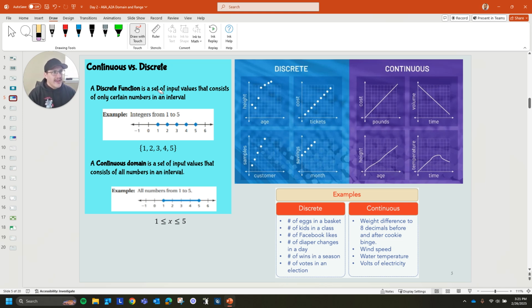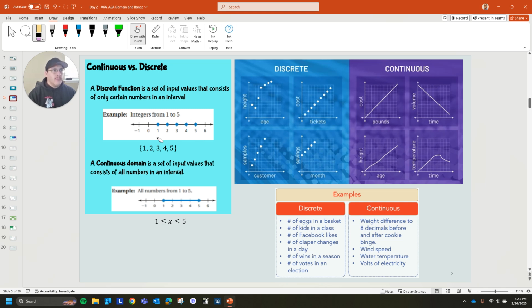A discrete function is a set of input values that consists of only certain numbers in an interval. Okay, so it's not a list of all the numbers, it's a list of a certain segment of numbers. Okay, so for example, you see on this discrete function, this discrete number line, dots only on the number 1, 2, 3, 4, and 5.